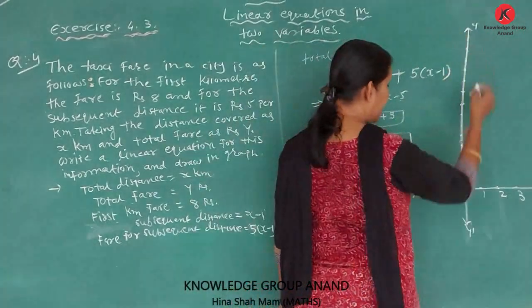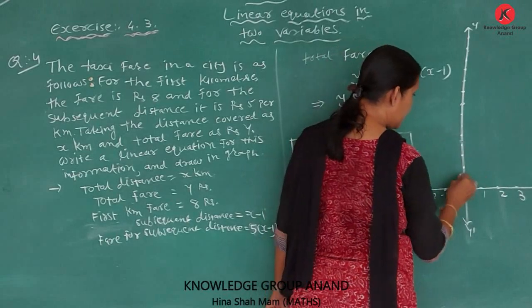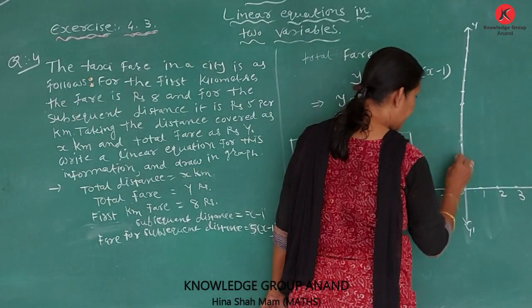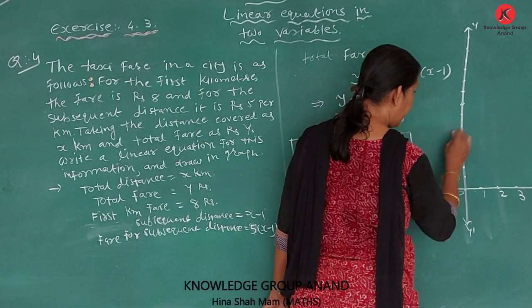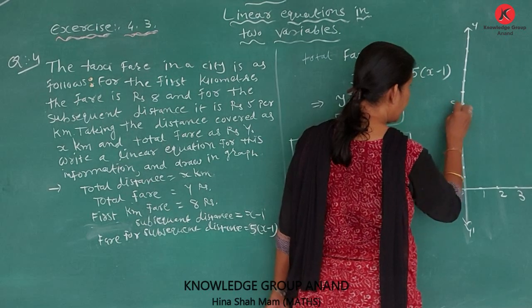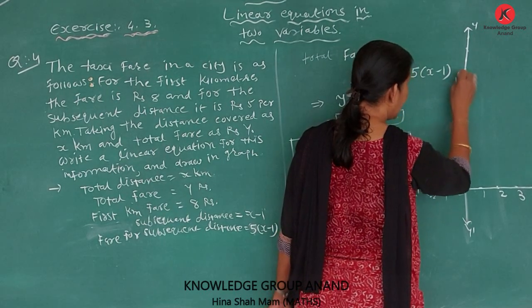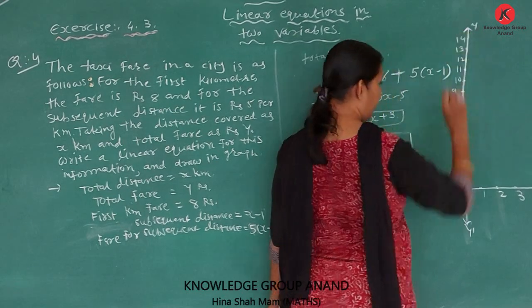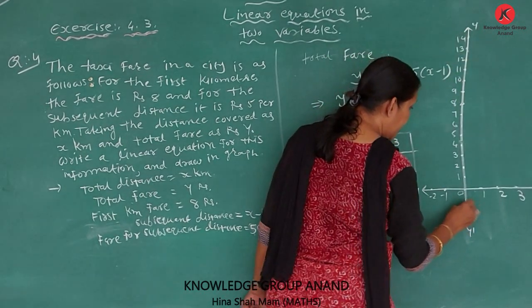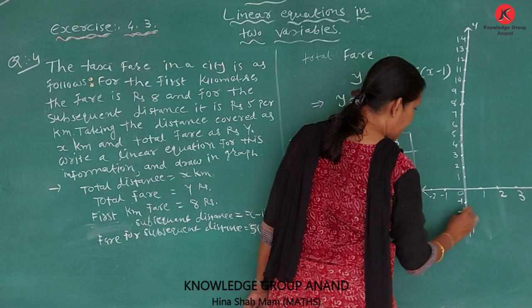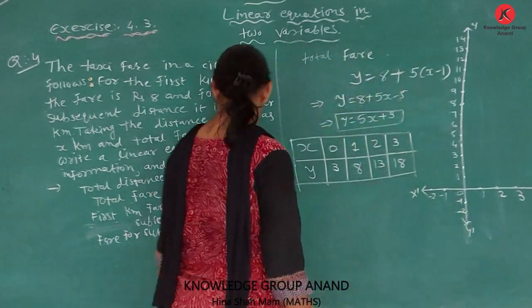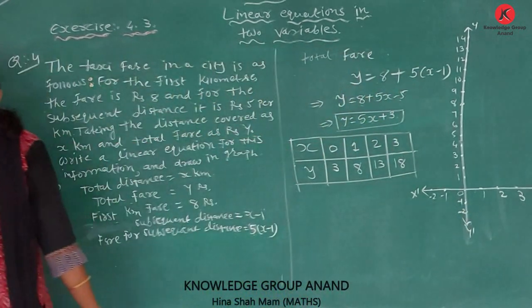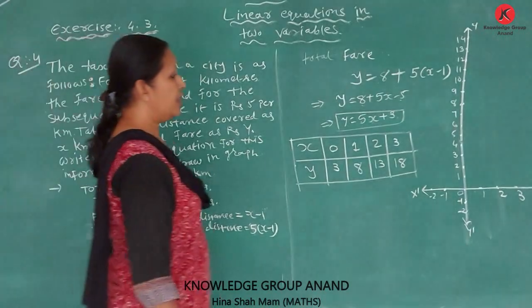For 18 in graph mode, I have no space. Here I write 1, 2, 3, 4, 5, 6, 7, 8, 9, 10, 11, 12, 13, 14, and so on. Here minus 1, minus 2.